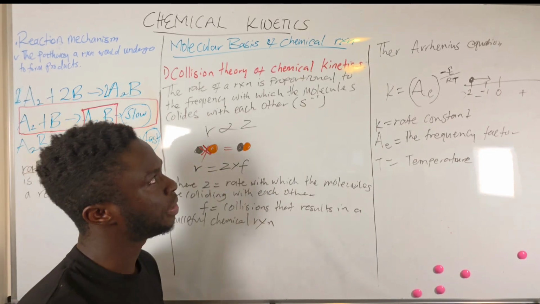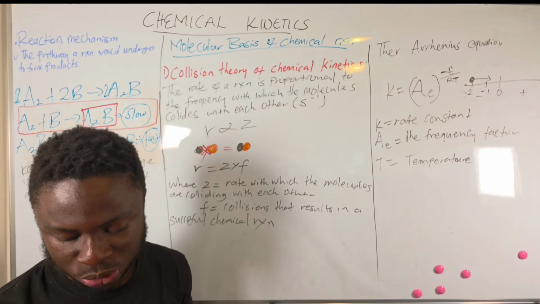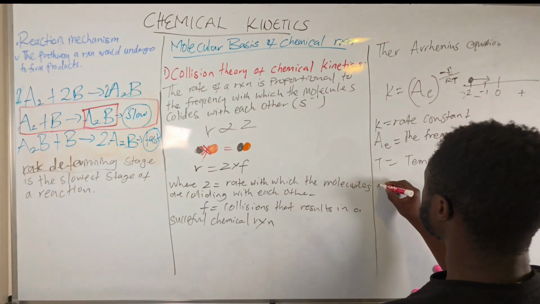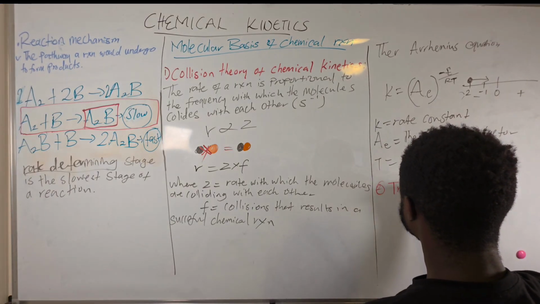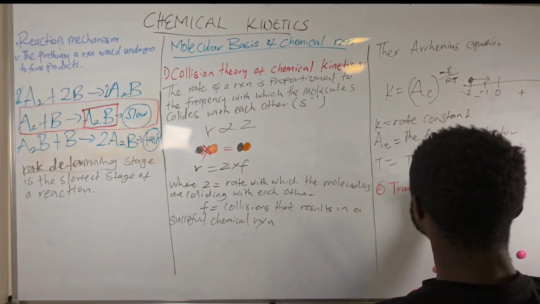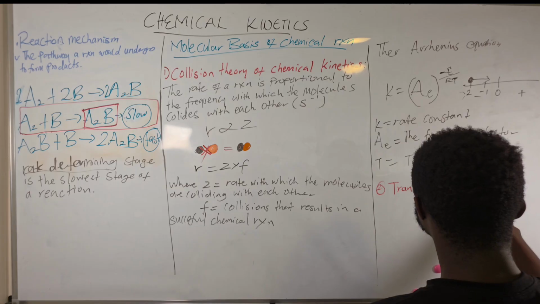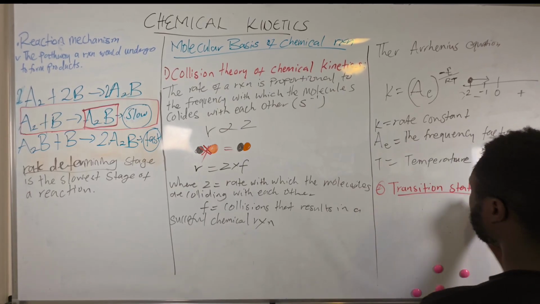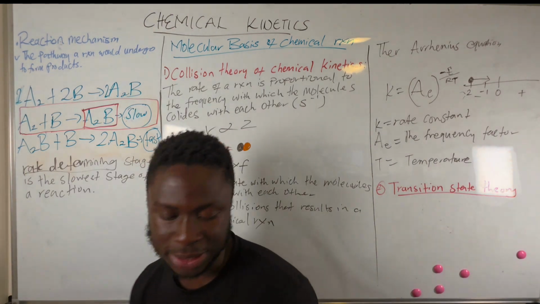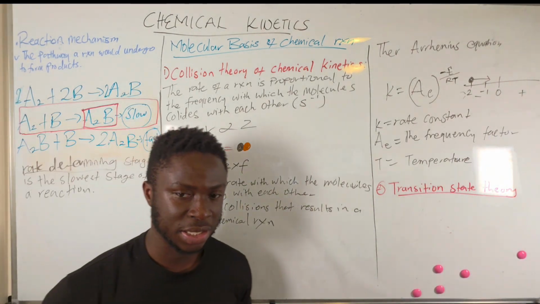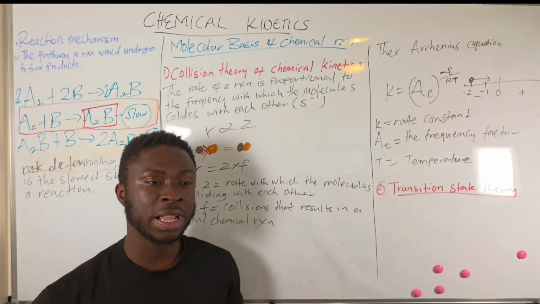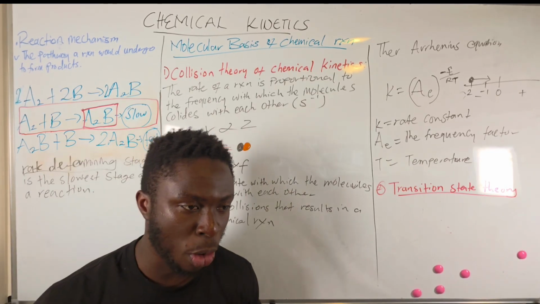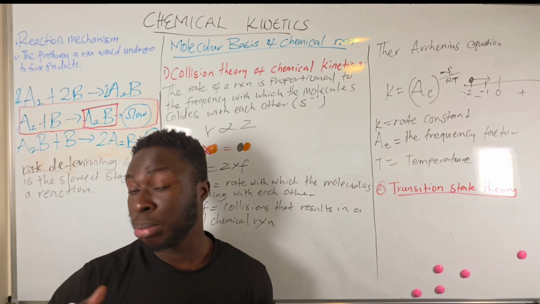Now the next molecular basis of chemical reaction is what we call the transition state theory. Transition state theory. Now when we talk about the transition state theory, it states that in a chemical reaction, the chemicals will collide with each other to form a transitional state product.